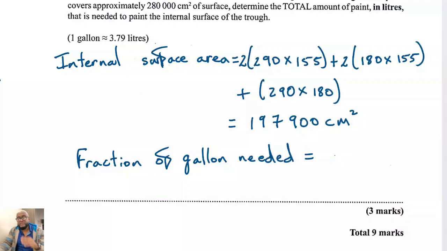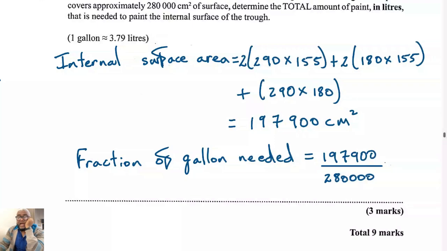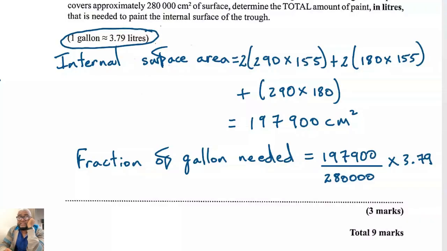This will be equal to 197,900 all over 280,000. And what I wanted is in liters, right? So I could multiply it by 3.79 one time because they said 1 gallon is 3.79 liters, right?